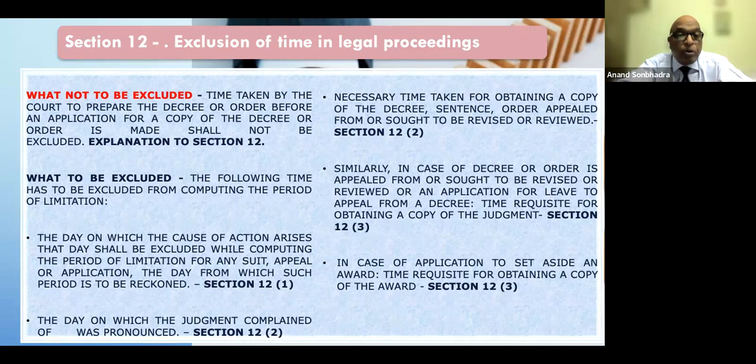The Honorable Judge pronounced the order in the courtroom, and the parties to the proceedings were present there, which means the order came to their knowledge on the same date.